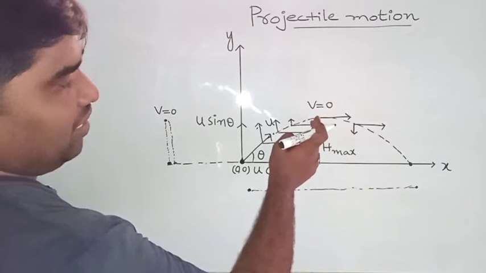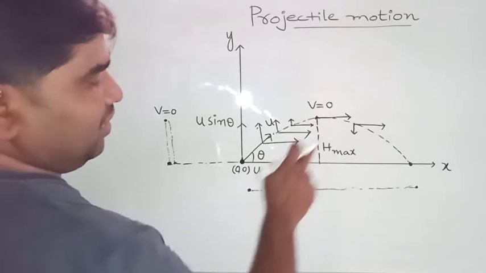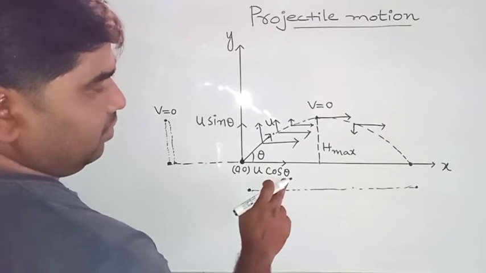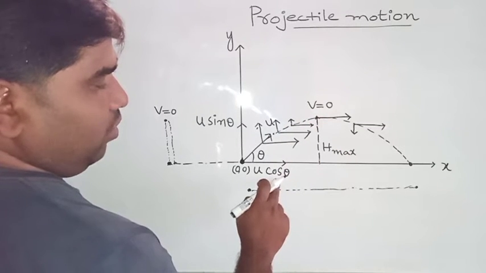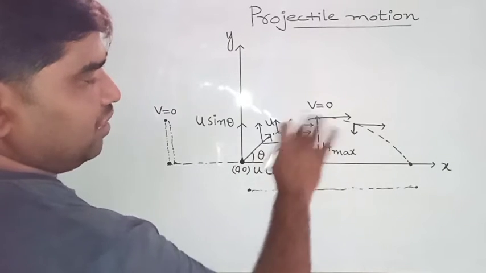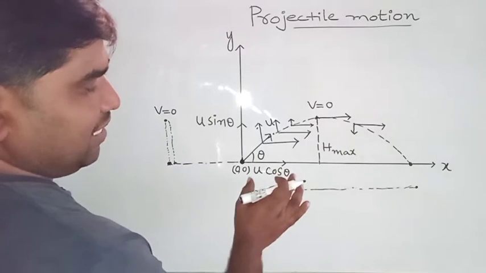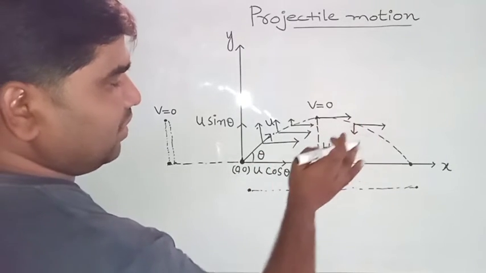At this point, the vertical velocity is 0. The horizontal velocity is the same, that is u cos theta. This horizontal velocity doesn't change because no one is pulling the object. No one is applying force on the object. So acceleration is 0, that's why it moves with the same velocity.